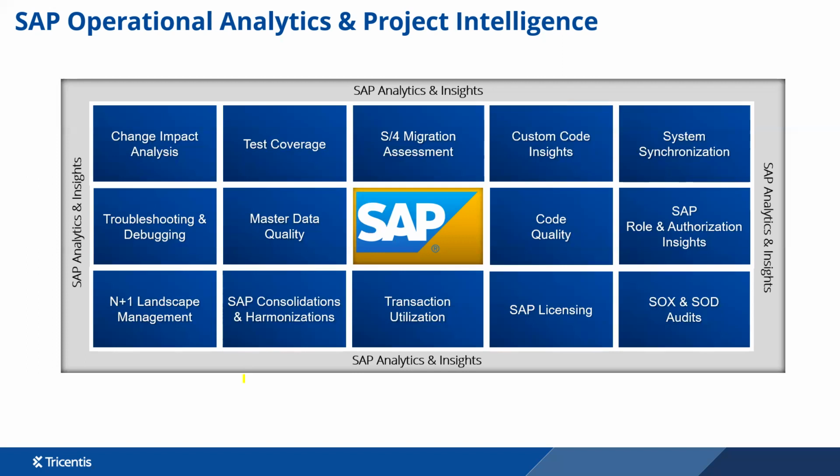When you talk about system synchronization, can you elaborate a little bit more about it? Can you keep systems in the tiers replicated, or how does that work? Not necessarily replicated, but Live Compare is really good at doing real-time mass volume comparisons of code, configuration, and data, like master data.